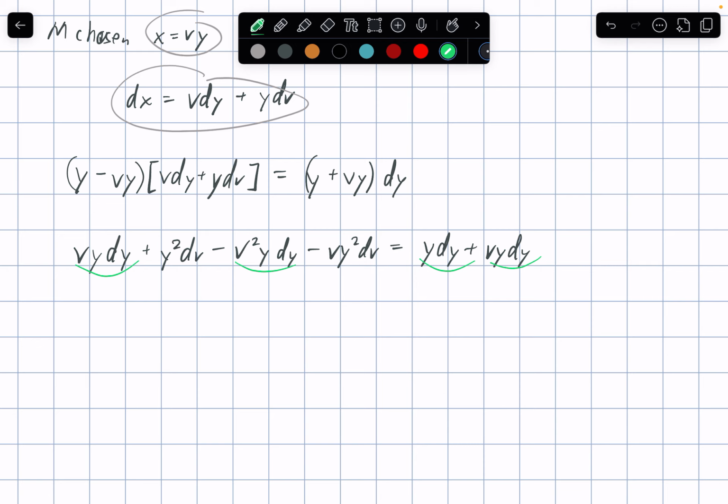Actually, these can cancel. What else? So, negative v squared y dy minus y dy equal to vy squared dv minus y squared dv.